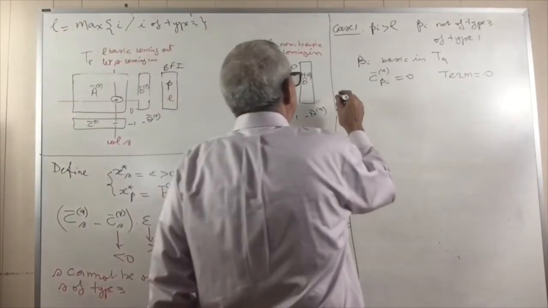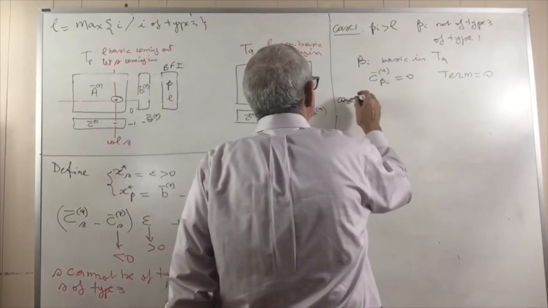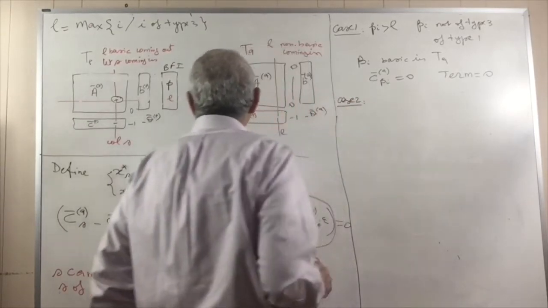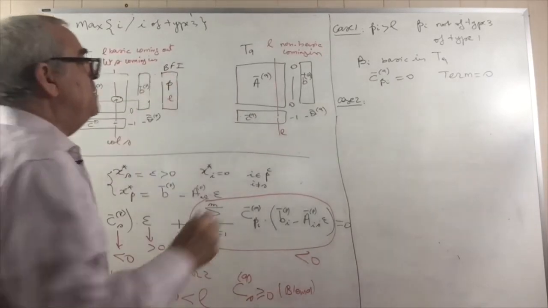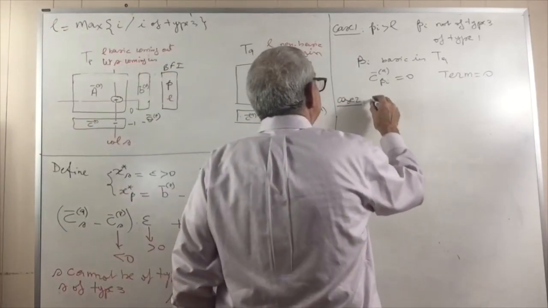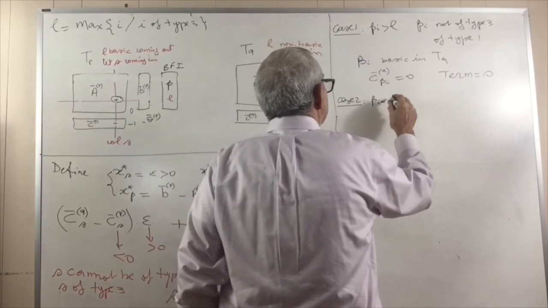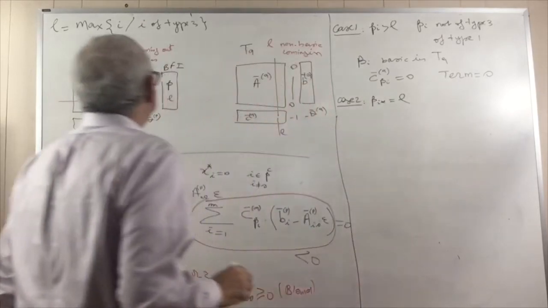Case 2, L is one of the beta I's. So here I'm going to put beta I star equal to L, right?